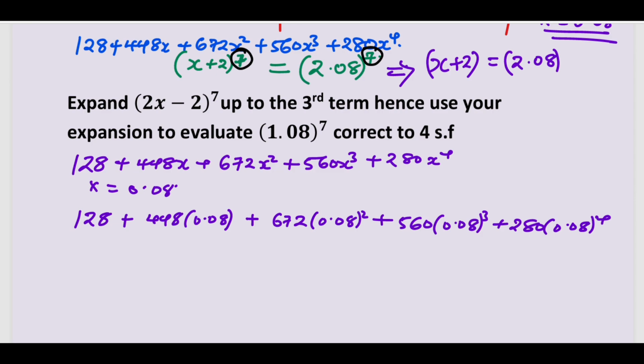672 by 0.08 raised to power 2, and then plus 560 by 0.08 raised to power 3, and then plus 280 by 0.08 raised to power 4.